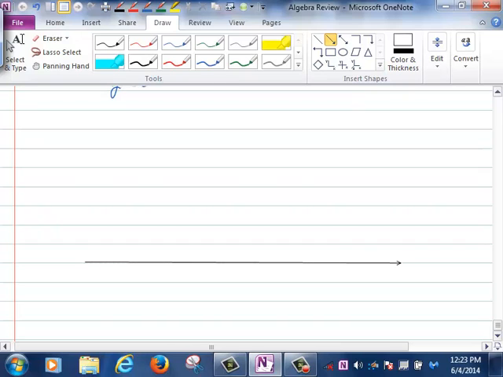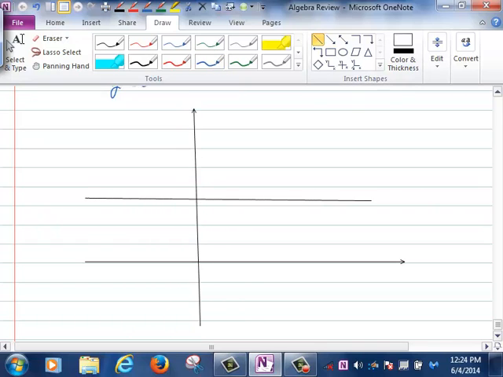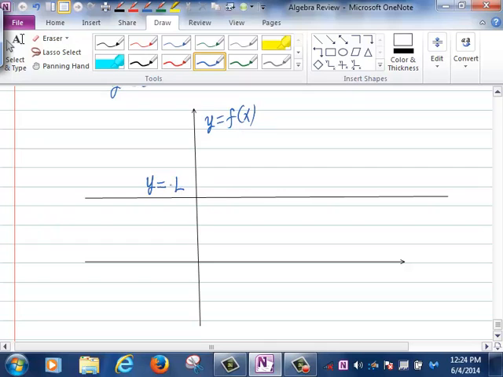Let's say this is my x-axis, this is my y-axis. Let's say I have a horizontal asymptote at this height. So let's say I have a function f of x, and the function f of x has a horizontal asymptote y equals L.